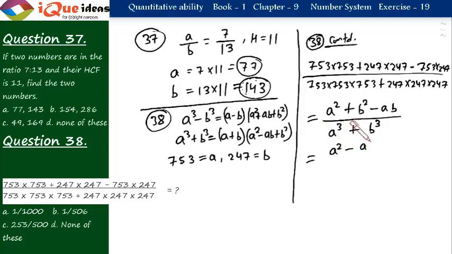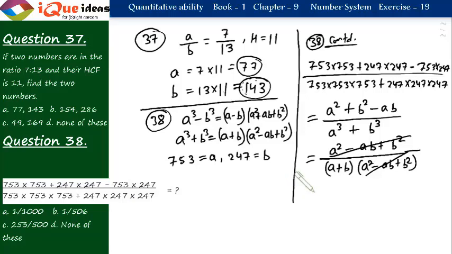So in the numerator we have, I'll just rearrange, A square minus AB plus B square, and in the denominator we have A cube plus B cube. So if you factorize, you will get A plus B into A square minus AB plus B square. Now A square minus AB plus B square, the whole expression gets cancelled from numerator, and we shall have simply 1 upon A plus B.